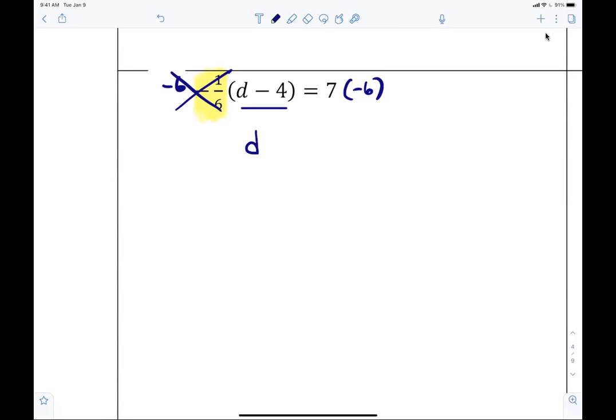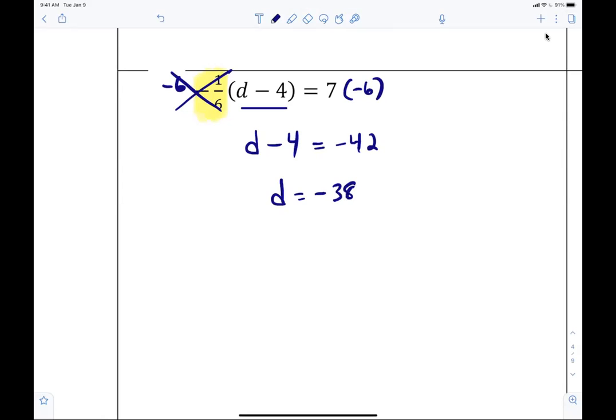And what's on the left side? D minus 4 is on the left side. Now what? And so D equals? Yay, -38.